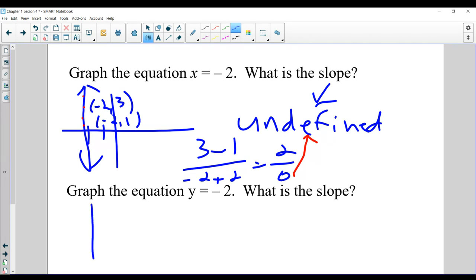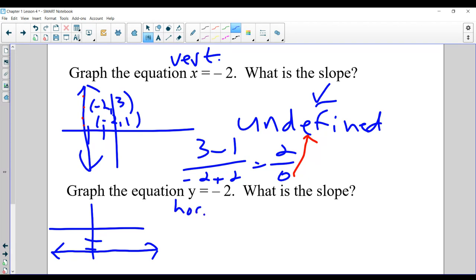Horizontal lines, on the other hand, are y is equal to. Here, x equals is vertical, y equals is horizontal, and the slope of horizontal lines is 0.